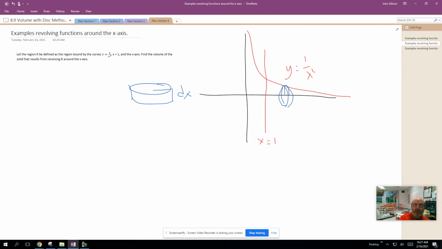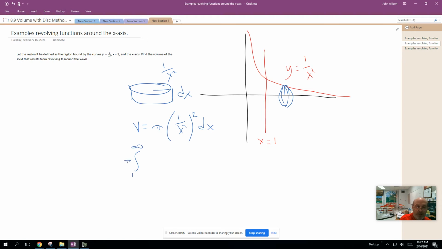The radius this time is 1 over x squared. So now the volume of one cross section is pi times 1 over x squared, squared, radius squared, times the height of the cylinder we've generated there, the disk. And so we're going to integrate those from 1 to infinity.